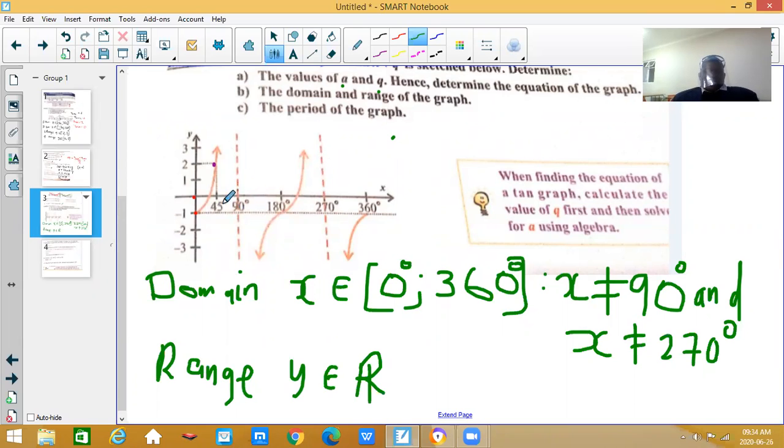Now, how often is this one repeating itself? We can start from here. This one is at 90, and this one is at 90.